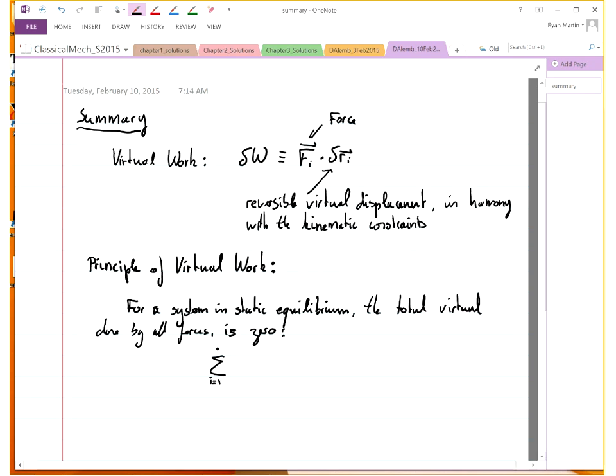So the sum, let's say we have capital N forces, so the sum of the virtual works for all those forces must equal 0.